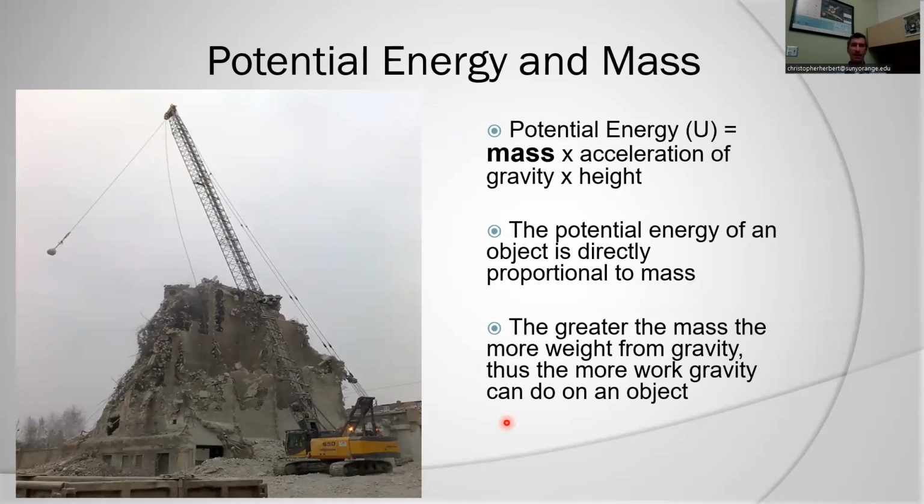Oh, here's a good example: a wrecking ball, a great example of potential energy, kinetic energy, and conversion. Remember, a conservative force will conserve mechanical energy. So whatever mechanical energy we have in the system is going to continue on unless we have some non-conservative forces like friction slowing it down.